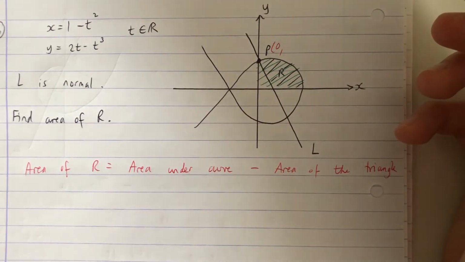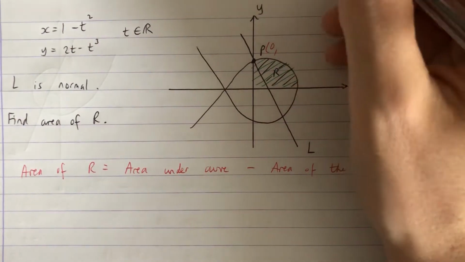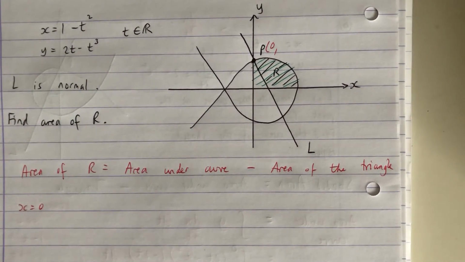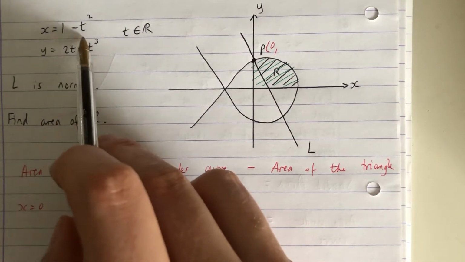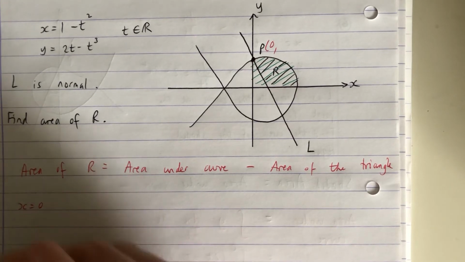But let's try and work it out. If x is equal to 0, how could I work out the y coordinate? Well, the thing that connects x and y in a parametric equation is the parameter t. So I need to work out the parameter t and then work out the corresponding y coordinate.